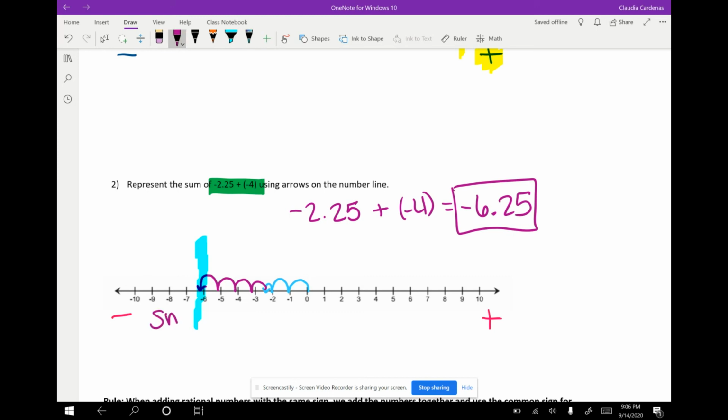So we have smaller numbers going this way and bigger numbers going the positive direction. Okay, so what do both examples have in common? Well, the arrows are both going the direction of the signs of the numbers. And because they both have the same sign, they continue moving in that same direction, leading to their final answers, either a positive or a negative answer.